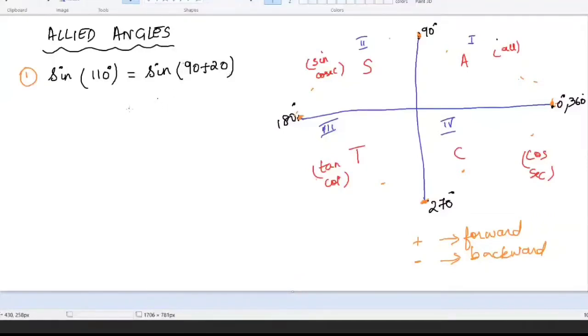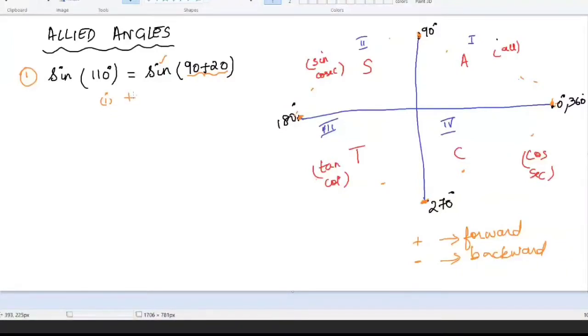Now listen to the steps carefully. My first step is to check which quadrant this belongs to. 90 plus, which quadrant does it belong to? Second quadrant. Check in that quadrant whether this function is positive or negative. Sine is positive there, so I write sine plus.